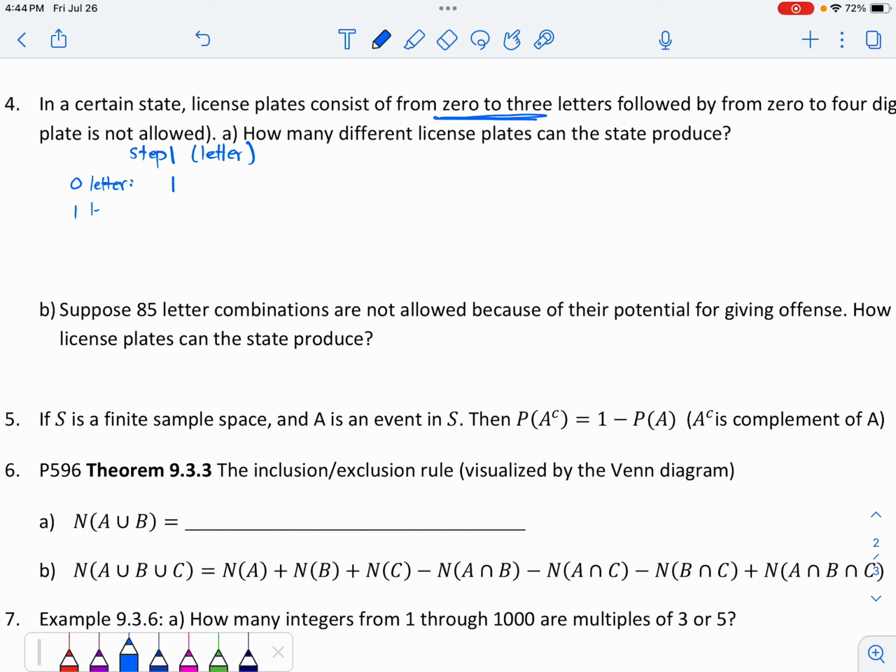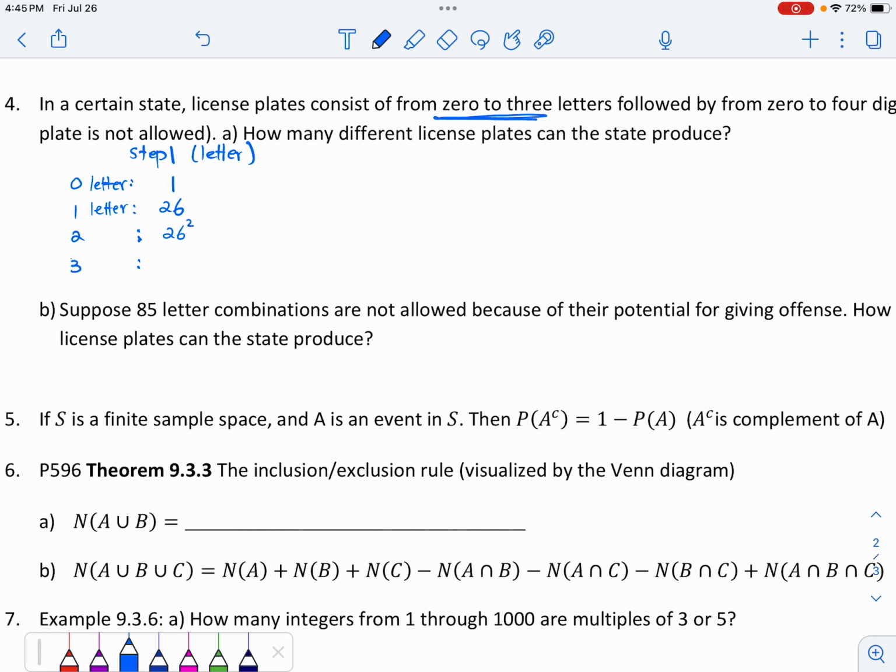What about one letter? Because we have 26 letters, it's 26. And 2 letters, what do you think? Pause the video and think about it. It will be 26 squared, 26 for the first letter and 26 ways for the second letter.